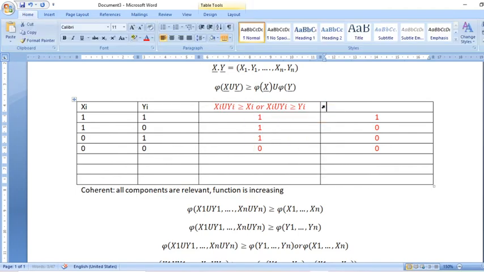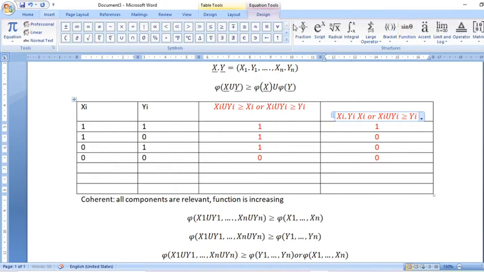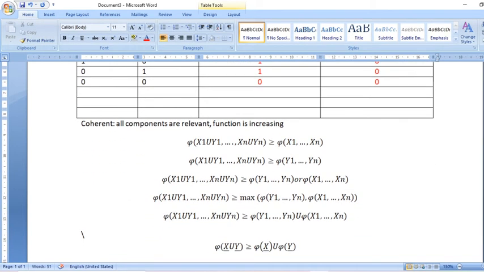How can we express this? Xi dot yi is less than or equal to xi, and xi dot yi is less than or equal to yi. Very simple. In that case, how can we analyze?